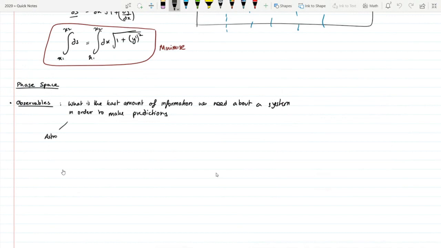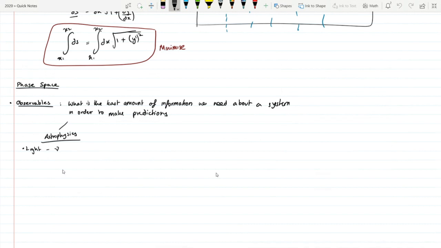Okay, and let me give you an example of what these observables are. So if you were doing astrophysics, I think you guys are interested in this. Well, it's no use for me to say, well, what's important to me is, for example, the momentum of something, because that's not an observable that comes easily to you. Given in astrophysics, everything that you do is through the means of telescopes. It makes sense for you to define your observables in terms of light, which is, for example, the kind of frequency that you observe.